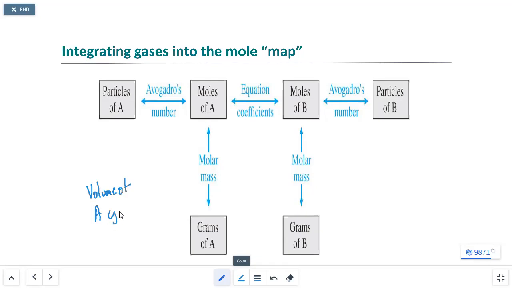If we know the volume of A in the gas phase, we can relate it to moles using the ideal gas law. Same thing with volume of B over here on the other side.